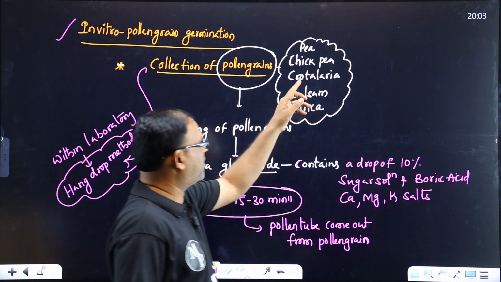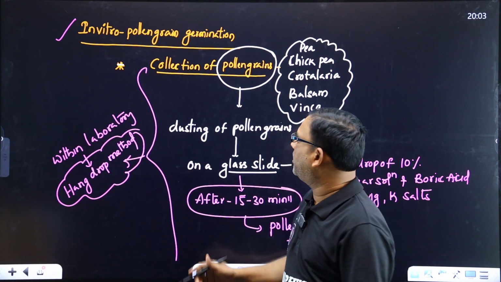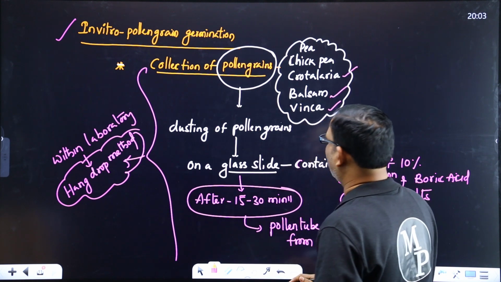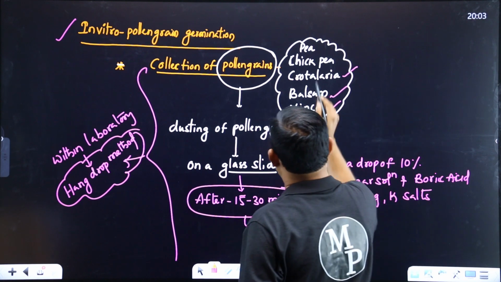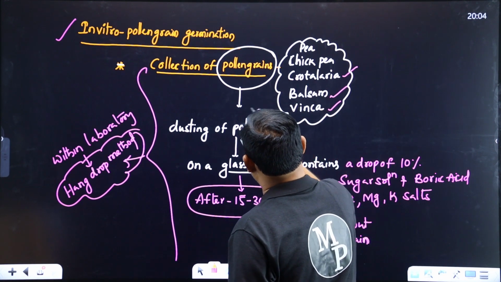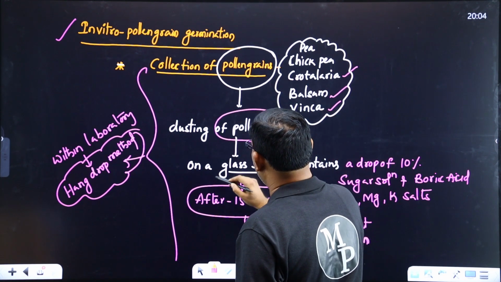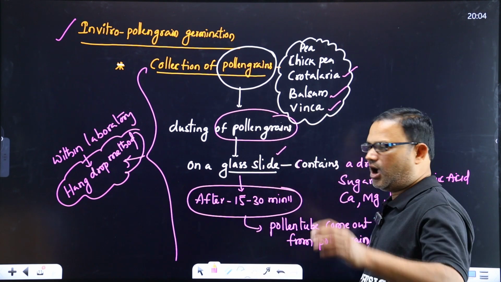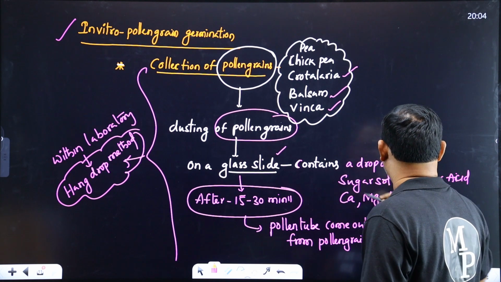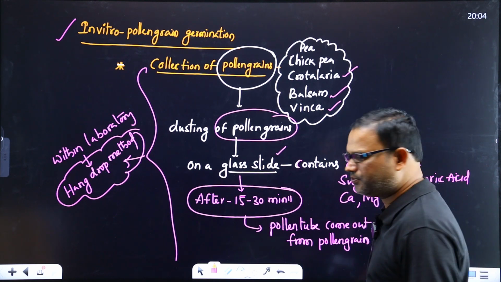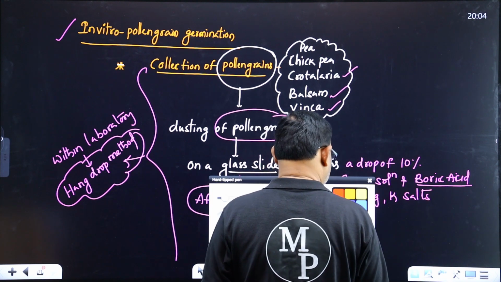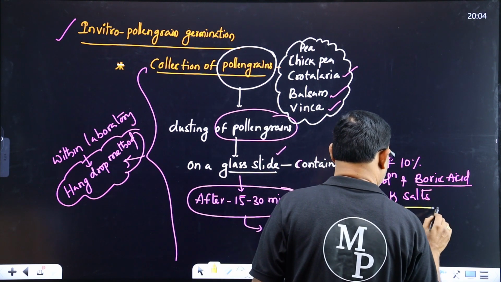Collection of pollen grains from where? Pea plant, chickpea plant, Crotalaria, balsam, vinca plant. Dusting of pollen grains on a glass slide. On that glass slide there is a drop of 10% sugar solution, boric acid, then calcium, magnesium and potassium salts.